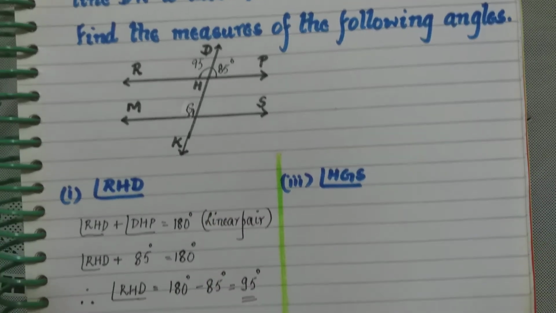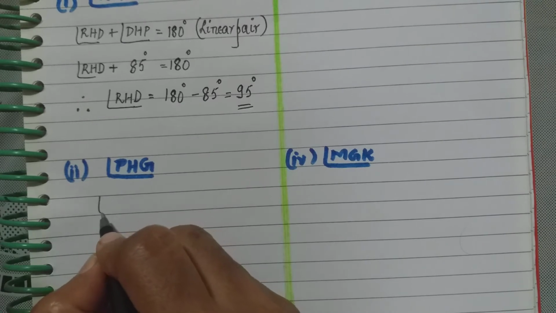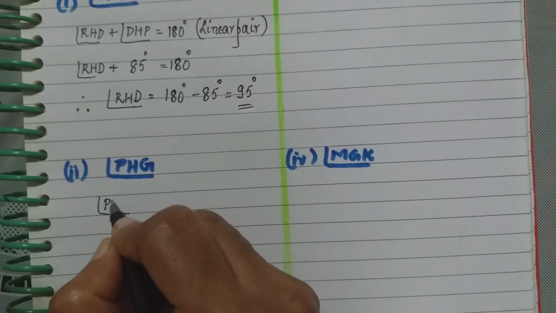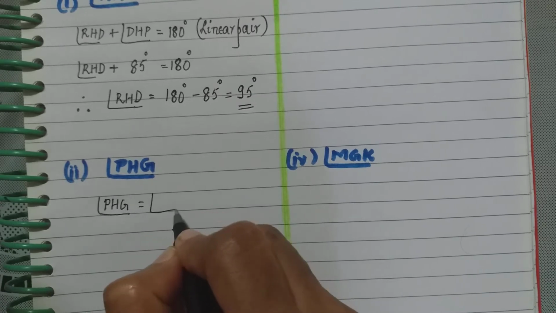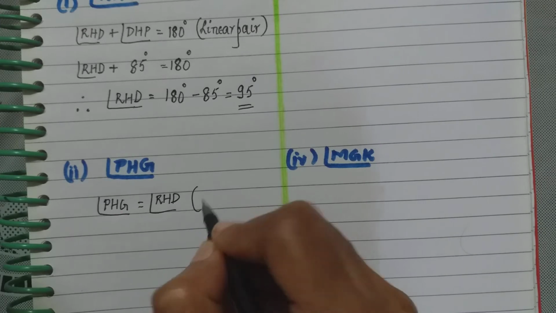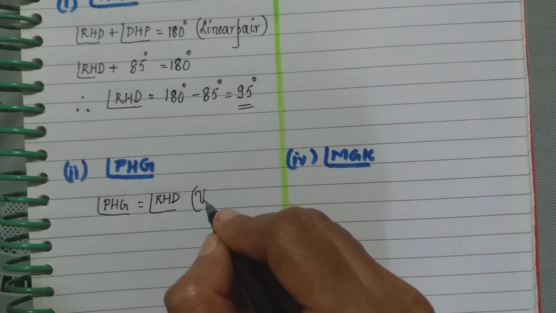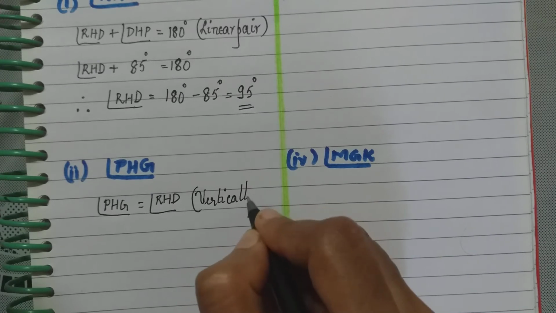So we write now angle PHG is equal to angle RHD. The reason is that they are vertically opposite angles.